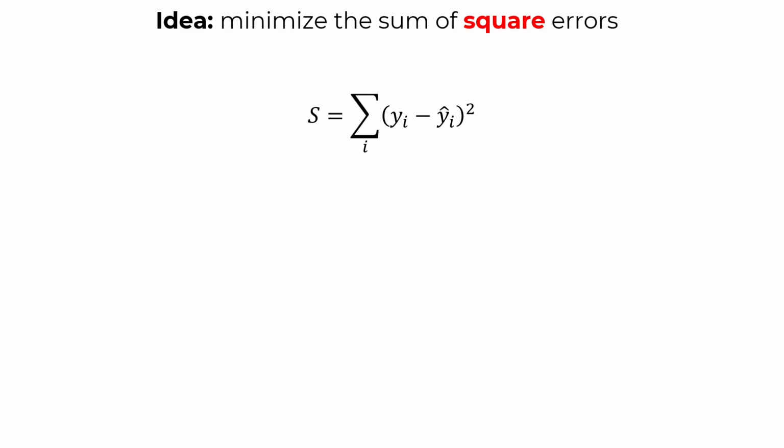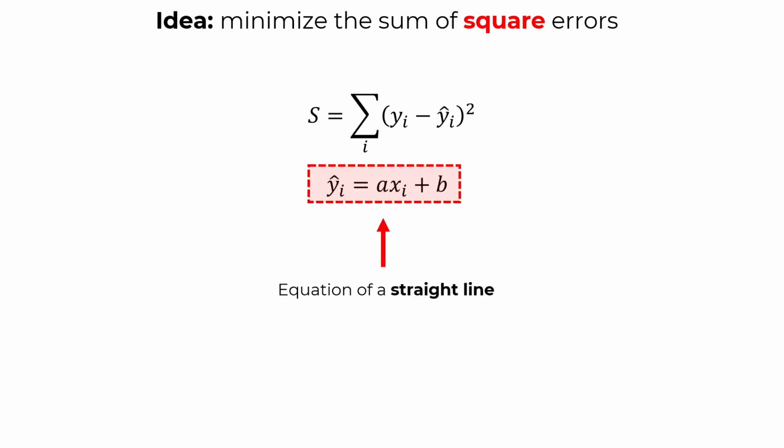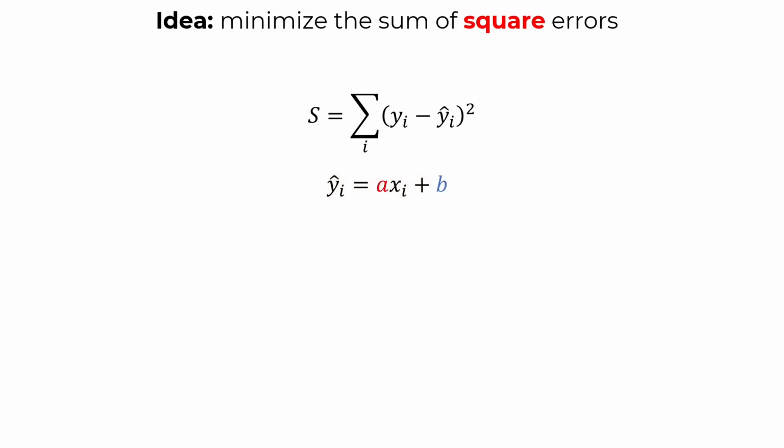We'll begin with our equation for the total sum of squared errors s. This is equivalent to saying that yi hat equals a times xi plus b for every point i. In this equation, two new variables show up, a and b. A and b are respectively the angular and linear coefficients of our line.